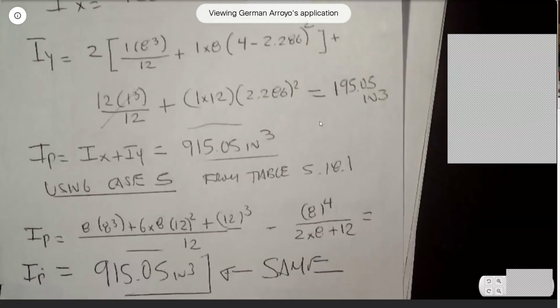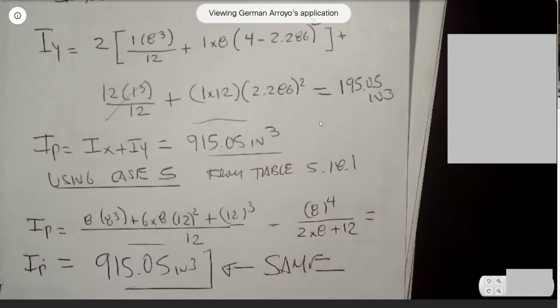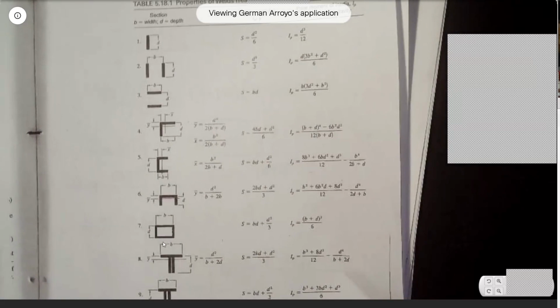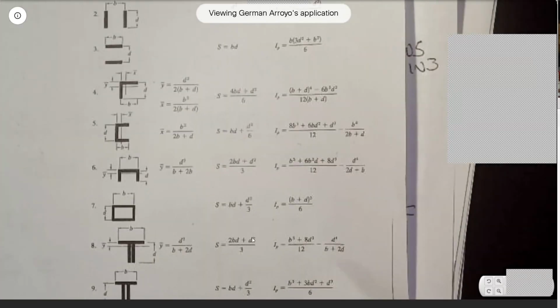This is the formula. This formula comes from case 4 in the table. So this is case 4 in the table. Oh, sorry, case 5. Case 5 in the table.